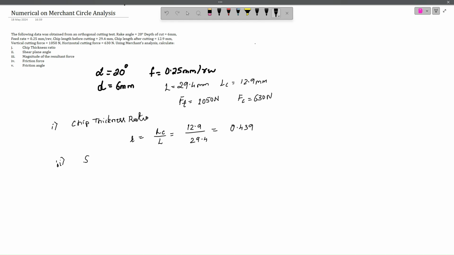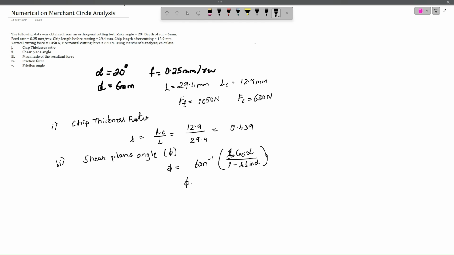The second parameter is the shear plane angle. We know that the shear plane angle is represented by the Greek letter phi, and the mathematical model is given by phi equals tan inverse of r cos alpha divided by 1 minus r sin alpha, where r is the cutting ratio and alpha is the orthogonal rake angle that is given to us.